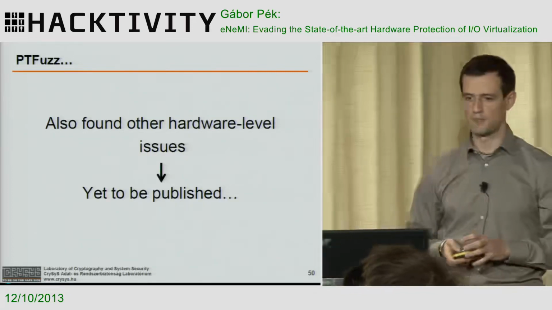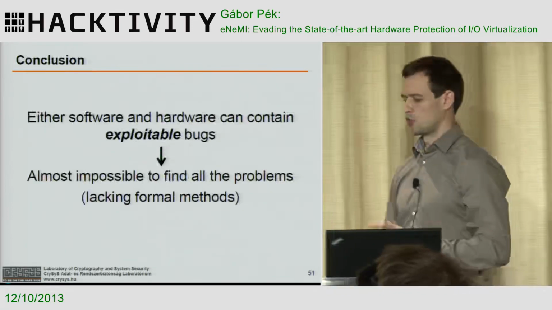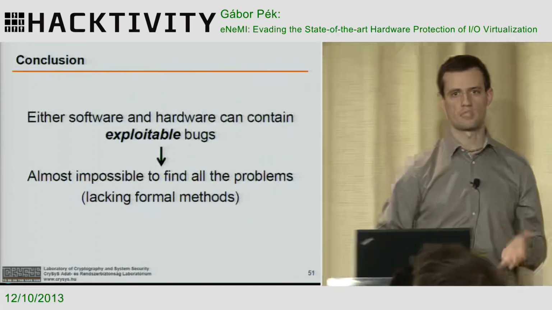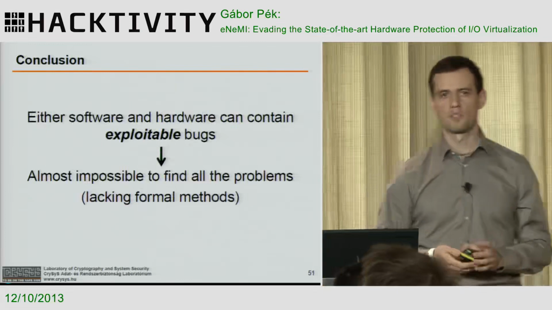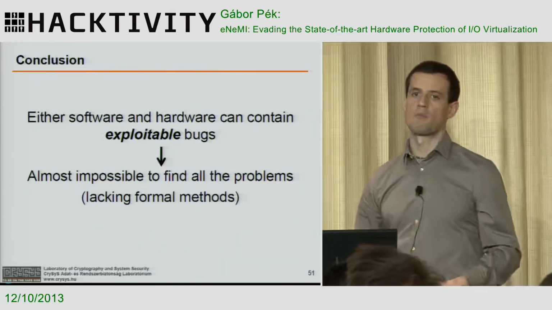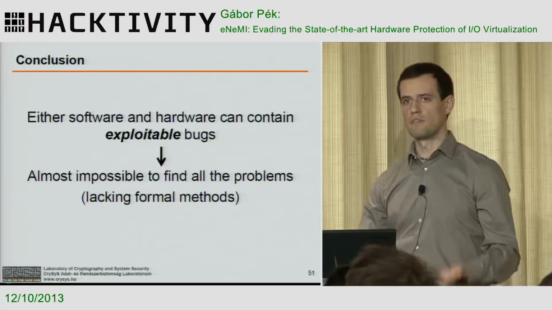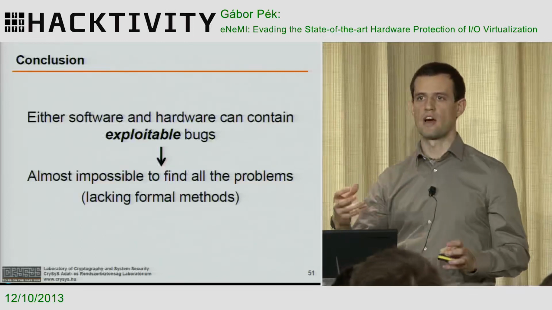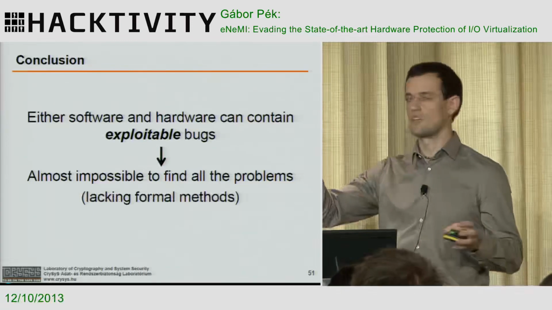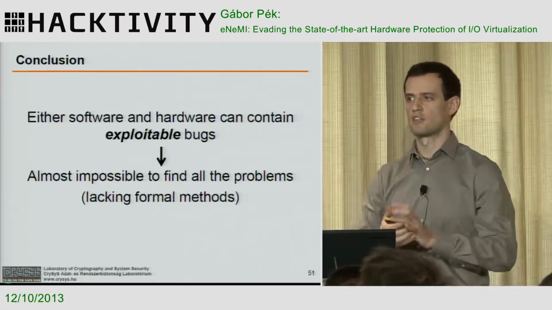So, the general conclusion is that both software and hardware can contain exploitable bugs, and it is almost impossible to find all of them, because we lack formal methods. Even if we have something to verify, the code base is so large that current VMMs cannot be checked formally.